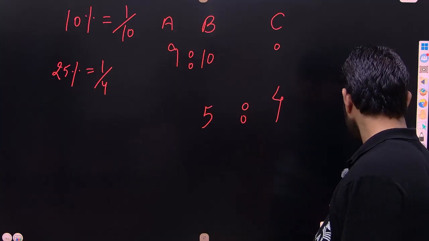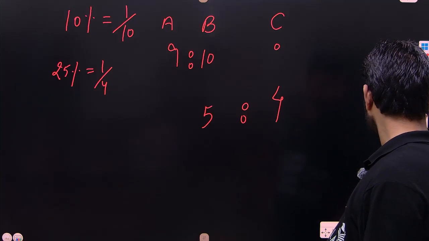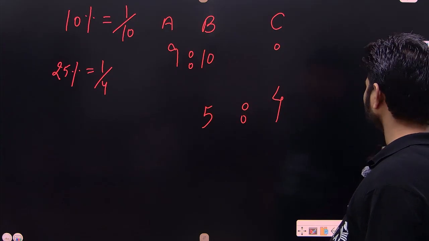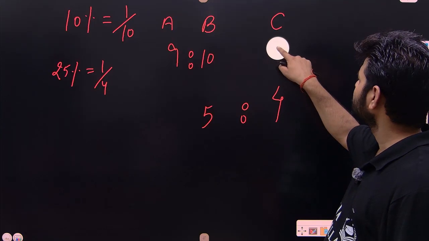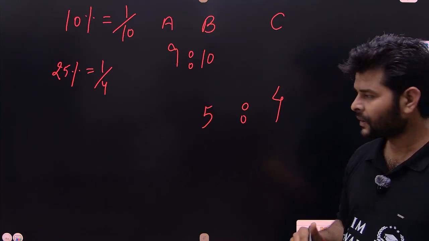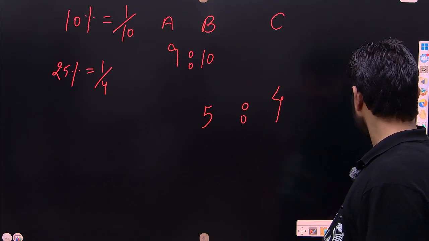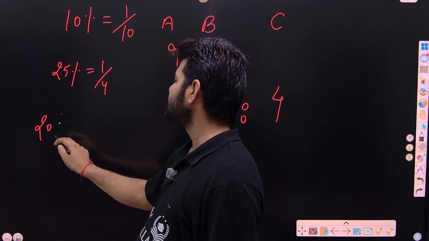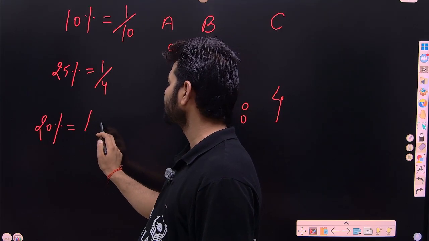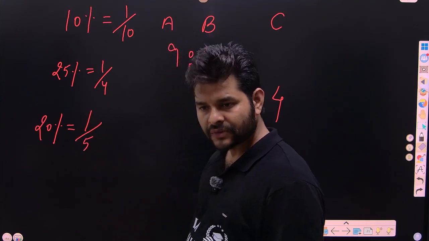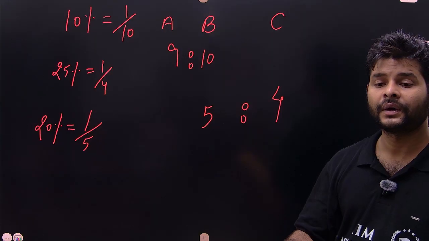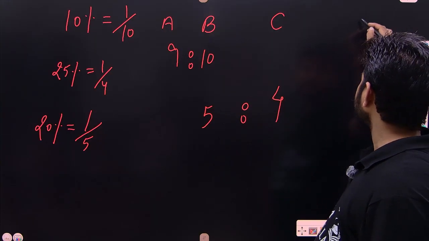Now, what is the question saying? The score of C was 20% less. So what is the fraction of 20%? 1 upon 5. So the score of C is 20% less than that of D. So basically D is here.